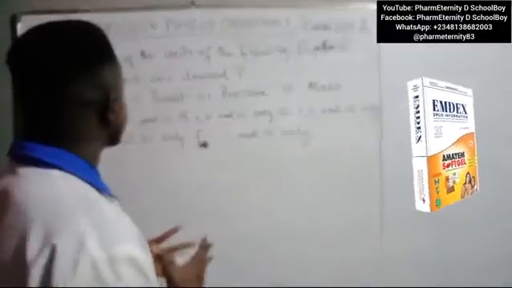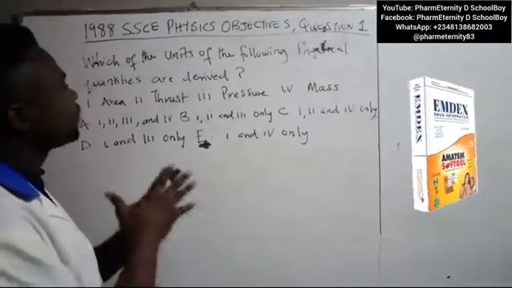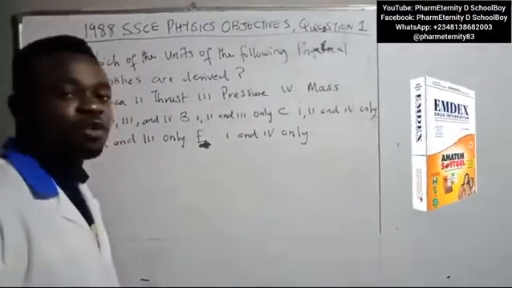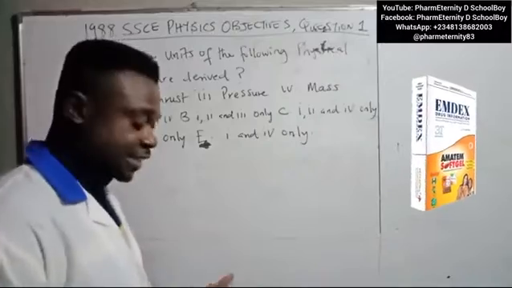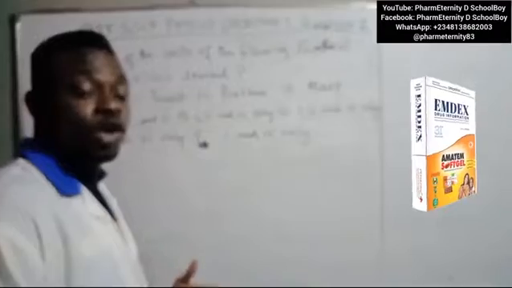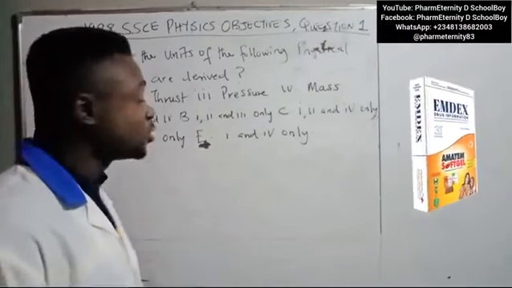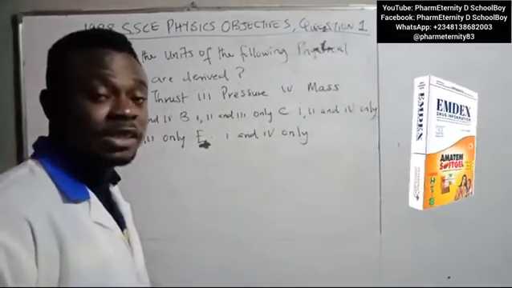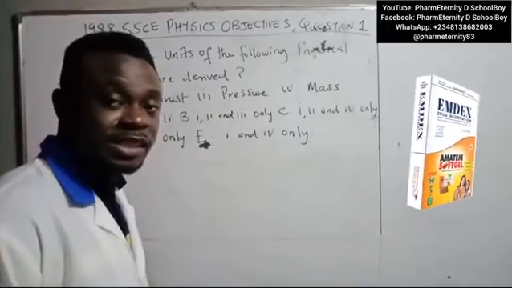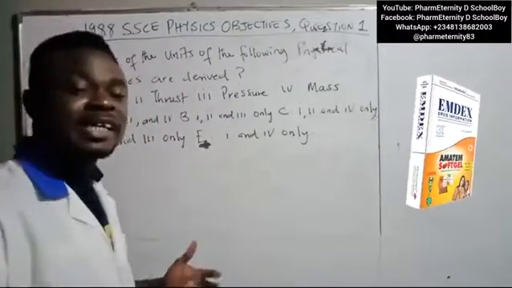Now, let us take a look at the question again. Which of the units of the following physical quantities are derived? In physics, we have derived quantities and fundamental quantities. We also have derived units and fundamental units.